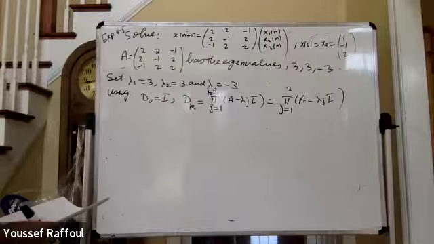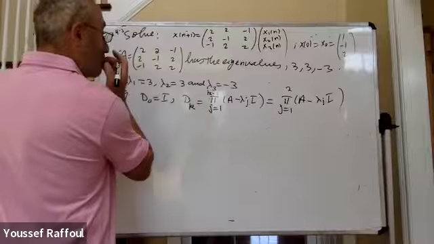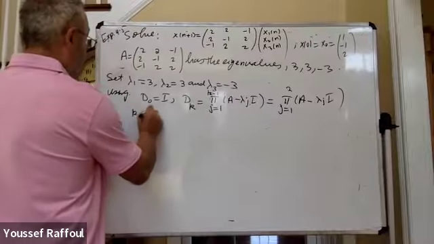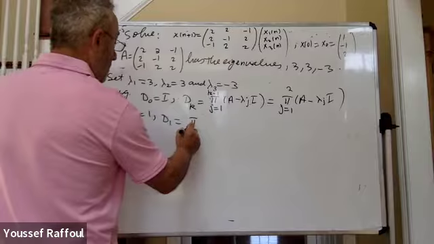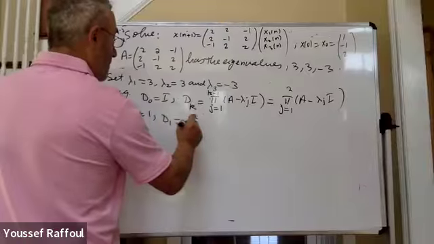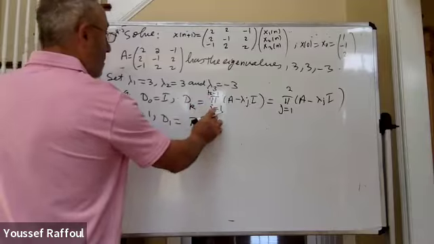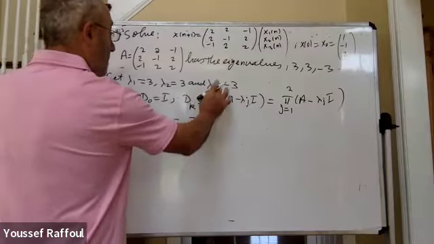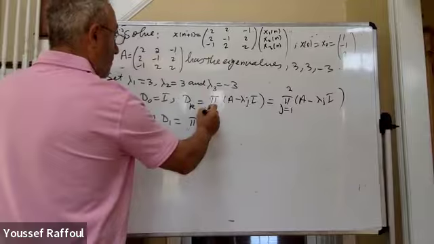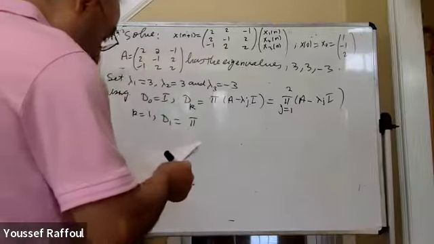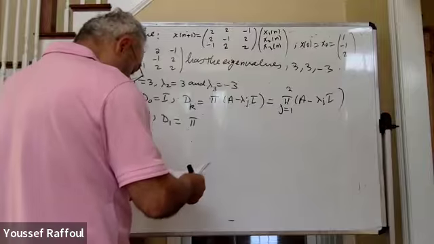Okay, so for k equal 1, D1 is the product of j equal 1 to k. Let's see, maybe I messed it up.